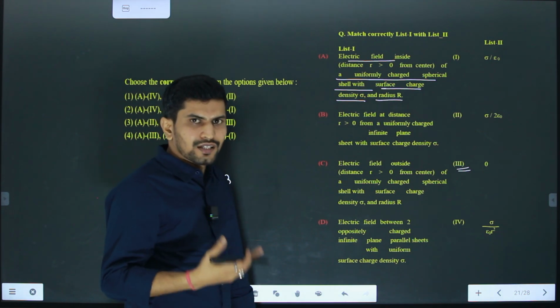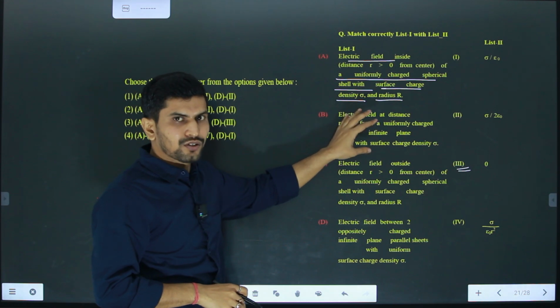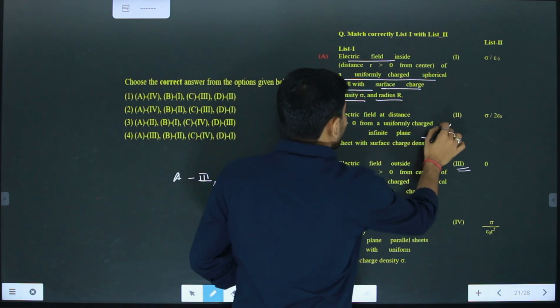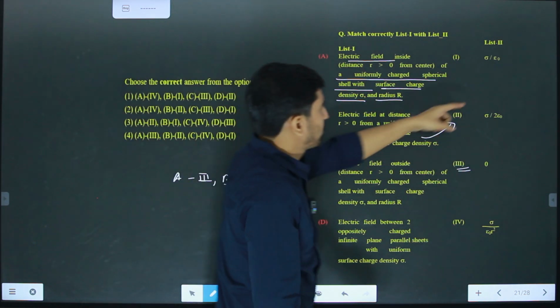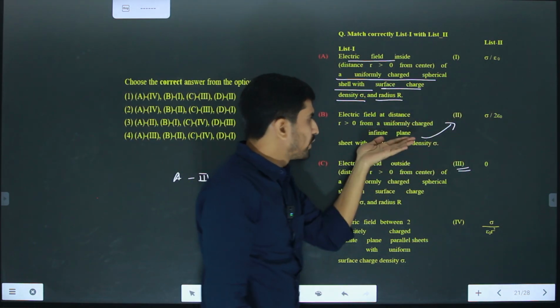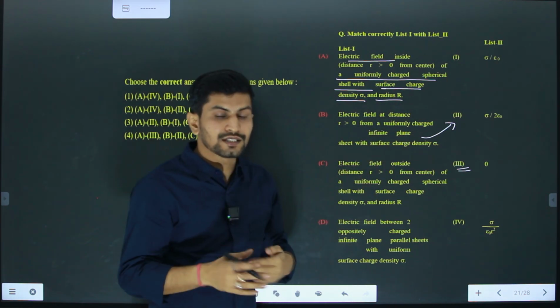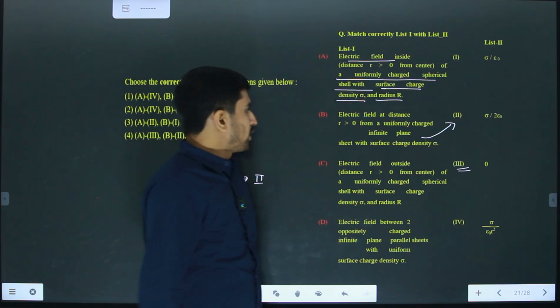We cannot do anything in the exam, we have to understand. So we have to assume that this is non-conducting, and if it is non-conducting, then it will be equal to sigma by 2 epsilon naught. And we know that electric field due to infinitely large sheet is independent of the distance. It does not depend on distance. It gives uniform electric field on both sides.